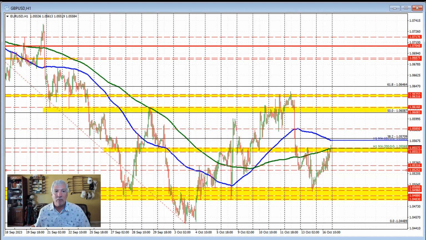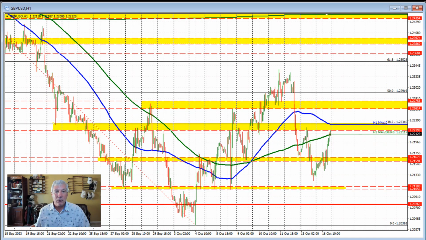Now let's take a look at the sterling versus US dollar, and it too is making a break in the last few minutes or hours of trading. We're breaking above its 200-hour moving average of 1.22117. We were above it on Friday as well, traded above and below it, but the last thing that we did before moving lower was to hold resistance against that 200-hour moving average right here, before moving to our lows on Friday and starting the return to the upside in trading into the close and into today's trading.